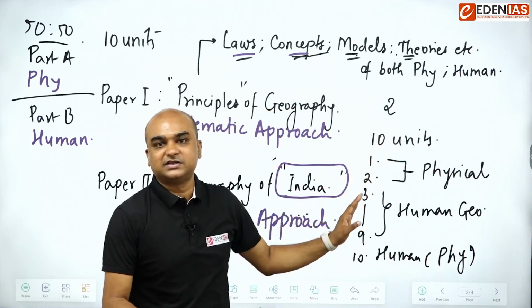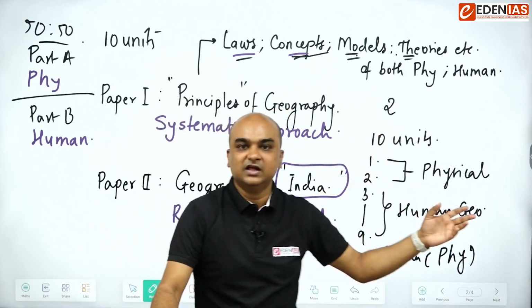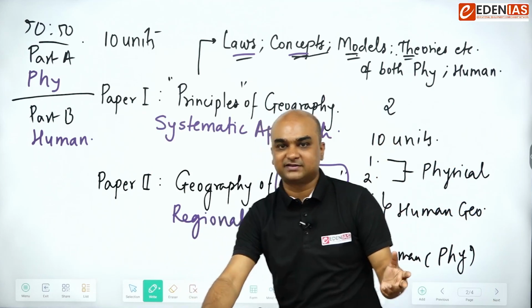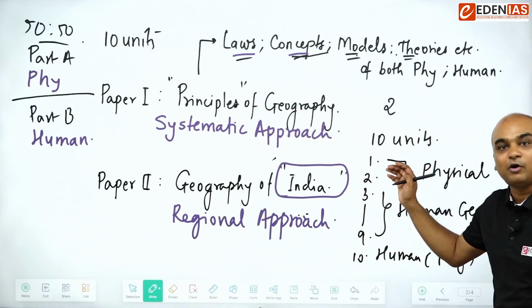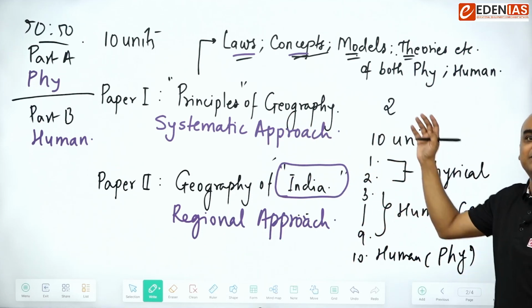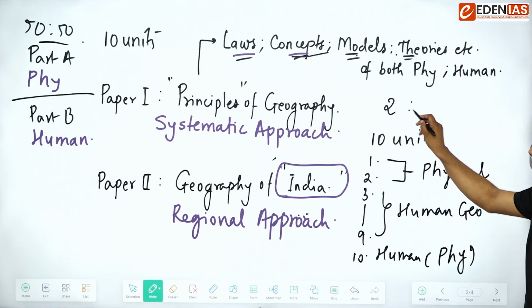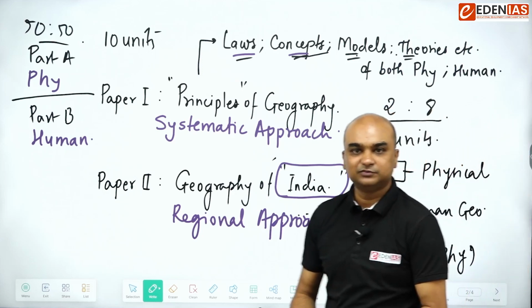The other units like agriculture, industry, trade and transport, cultural setting, political aspects, and contemporary issues, all these kind of population and settlement, you see all those units mostly deal with human geography. यहाँ पे रेशियो कुछ 2:8 का बैठता है या 1:4, आप ऐसे देख लो, ठीक है.